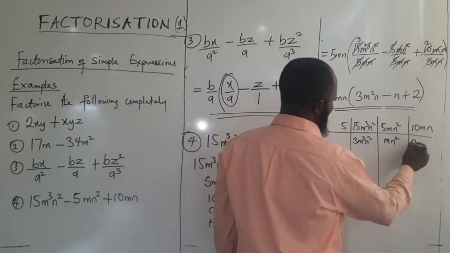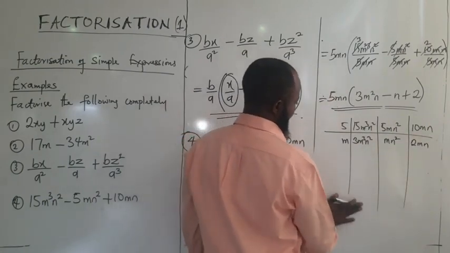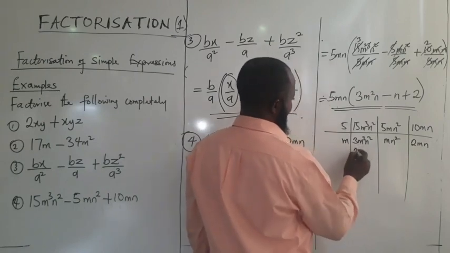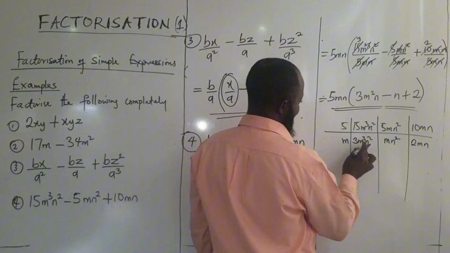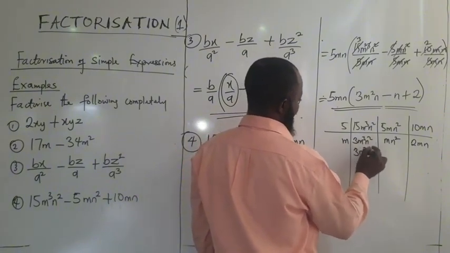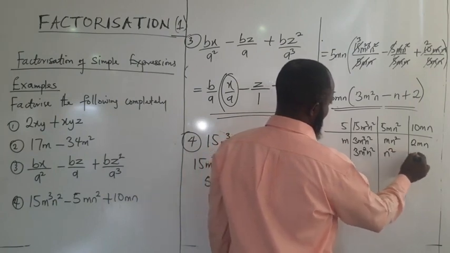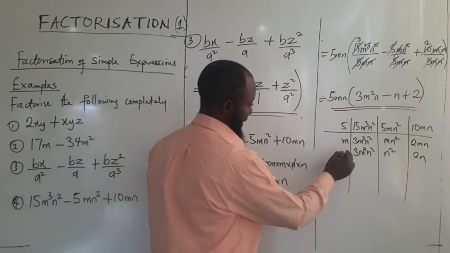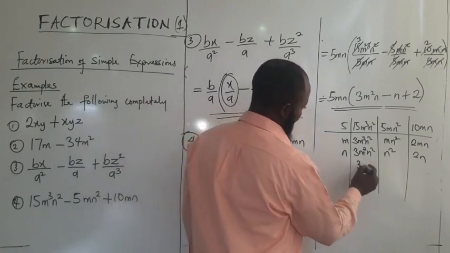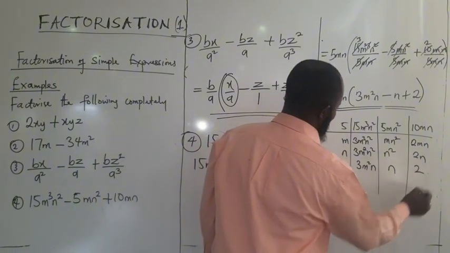So this will be 2mn. What is common again is m, right? So it will remain 3m squared. This m cubed divided by m will give you m squared. N squared. This m has gone, it remains n squared. It remains 2n. So what again can go is n. So this will be 3m squared, then n, then 2.